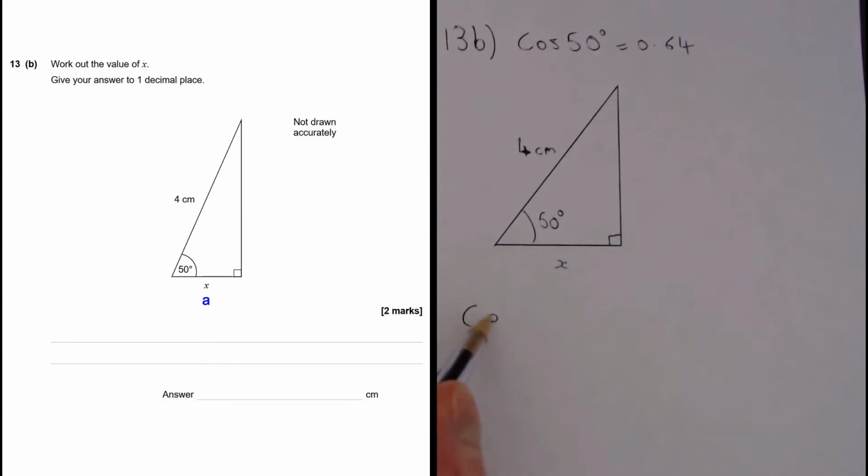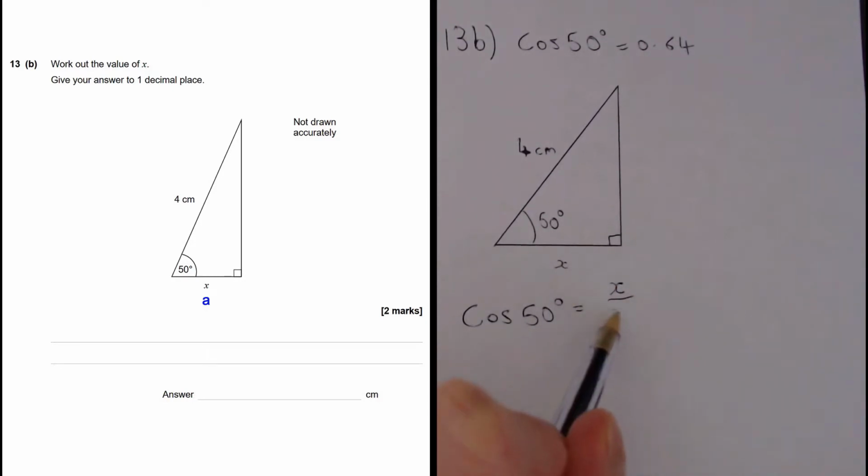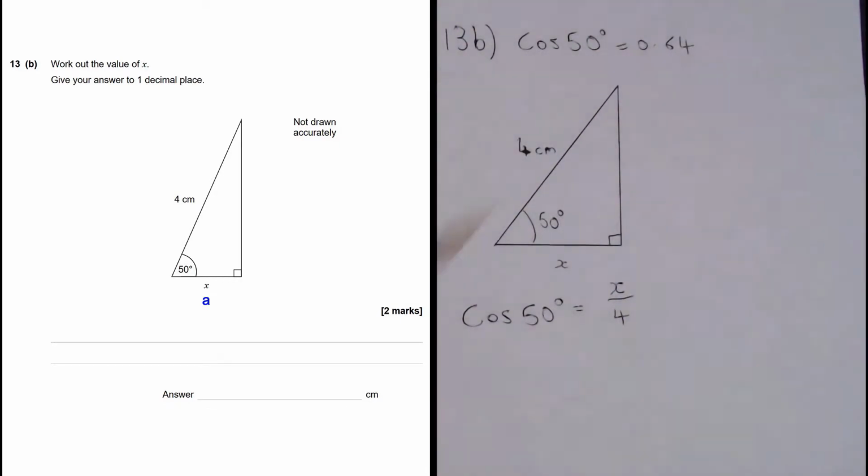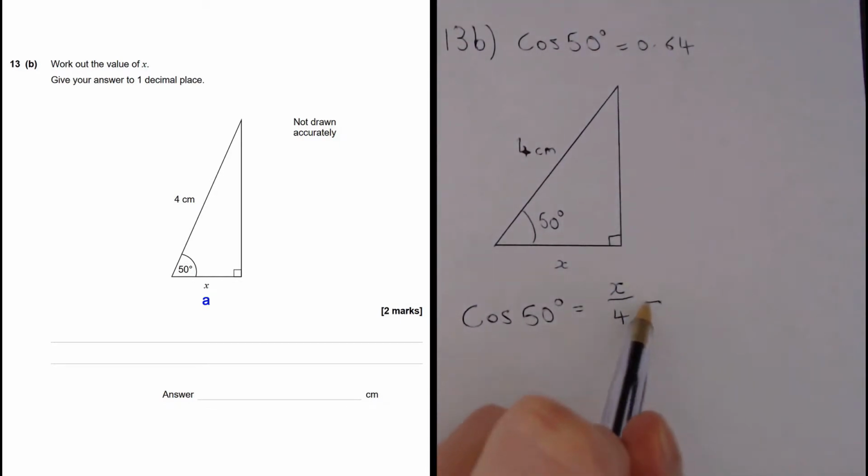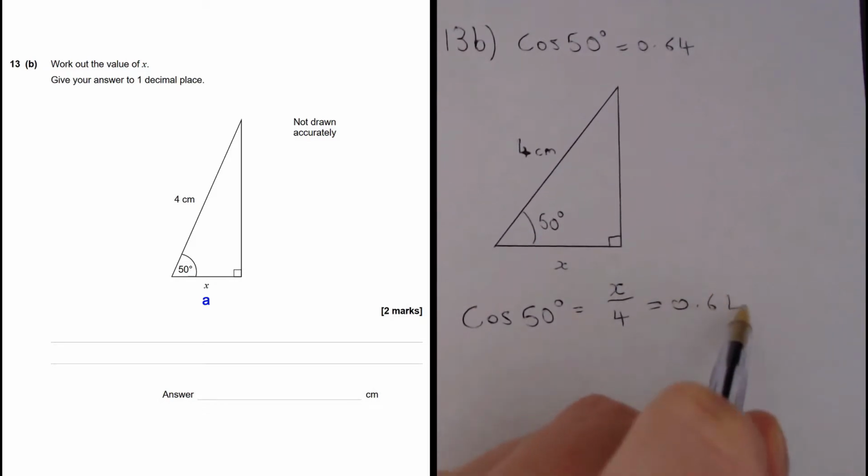Well, we know that cos 50 is equal to a over h, the adjacent over the hypotenuse. The adjacent here is x, and the hypotenuse is 4, so cos 50 is x over 4. But we know that cos 50 is 0.64, so this must equal 0.64.